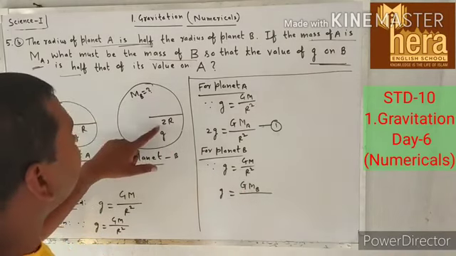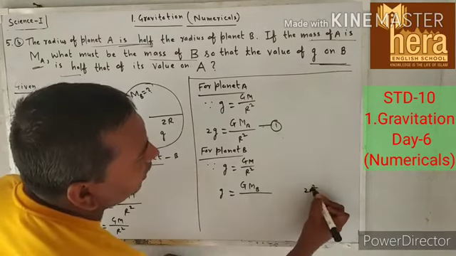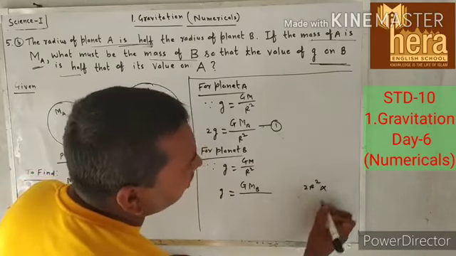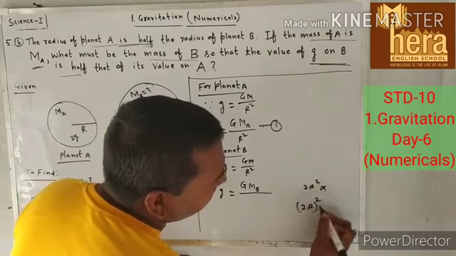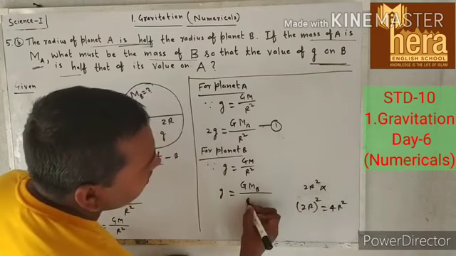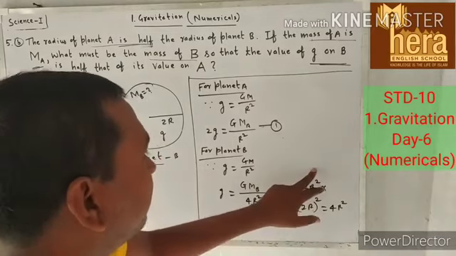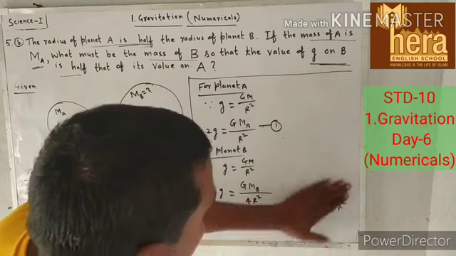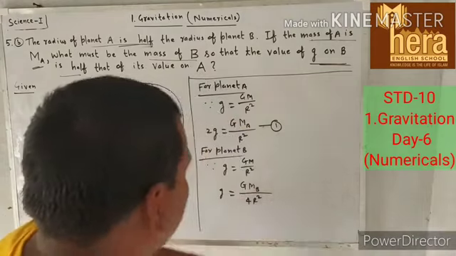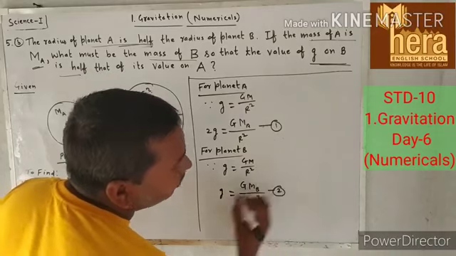Here r is 2r, so 2r square. Listen, 2r square means what? Writing 2r square is wrong. It is 2r in bracket square, that is 4r square. So here will be 4r square. Don't write 2r square, this is wrong. This is equation number 2.